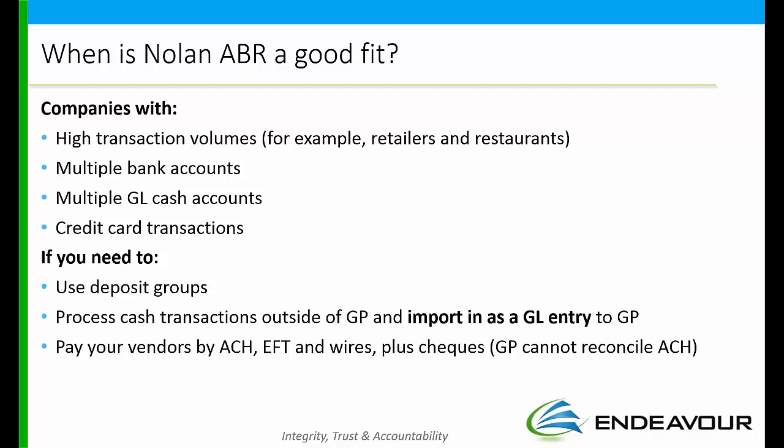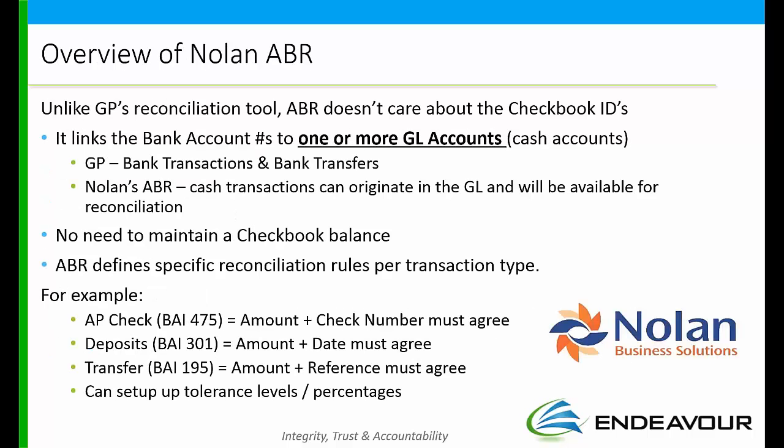And if you need to process cash transactions outside of GP, then you can import that transaction as a GL entry, and you will be able to reconcile that transaction using Nolan ABR. In addition, if you need to pay your vendors by ACH, EFT, or wires, then ABR is a good fit for you.